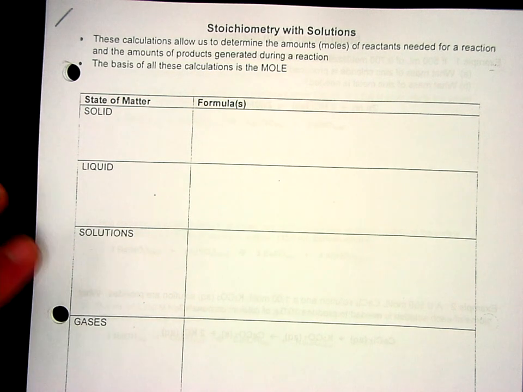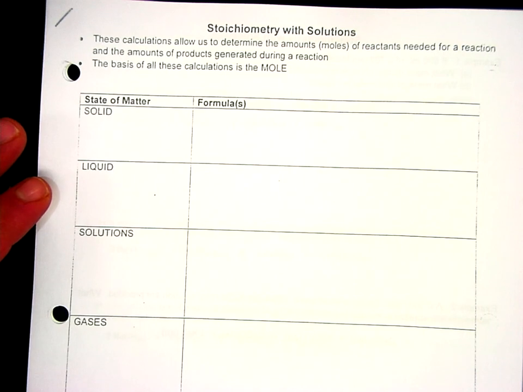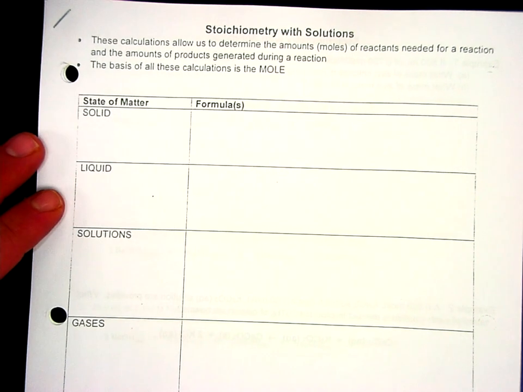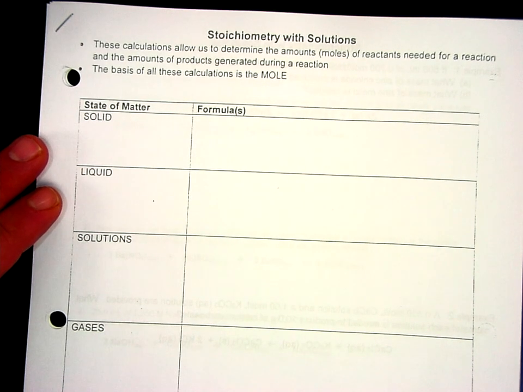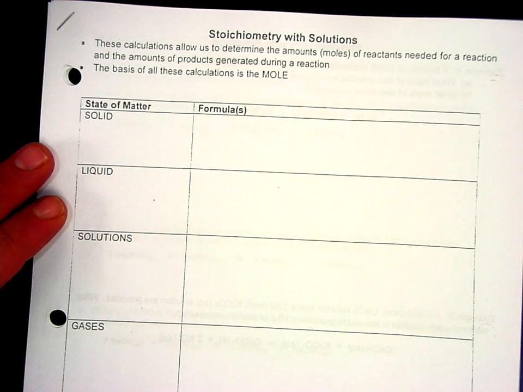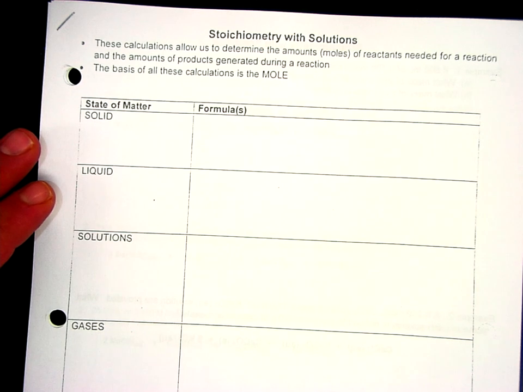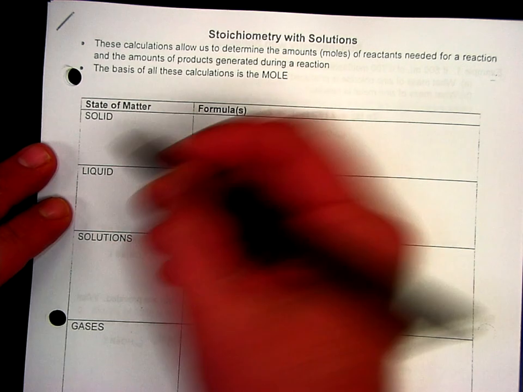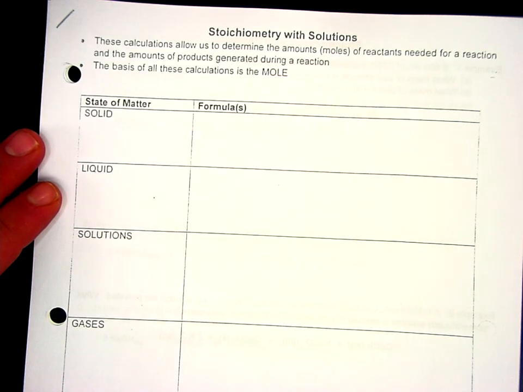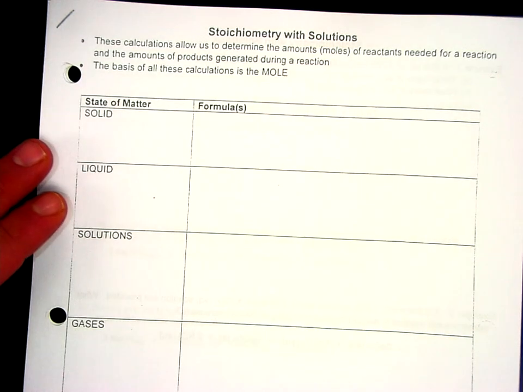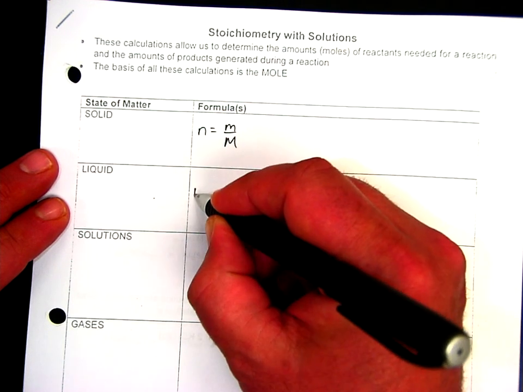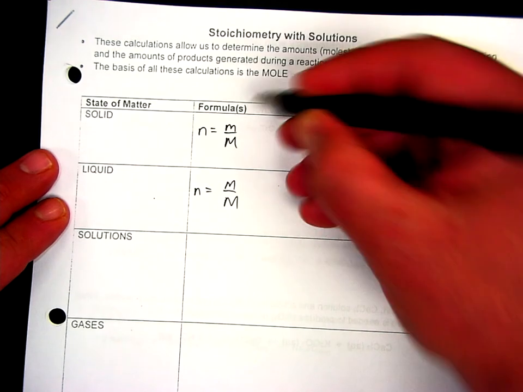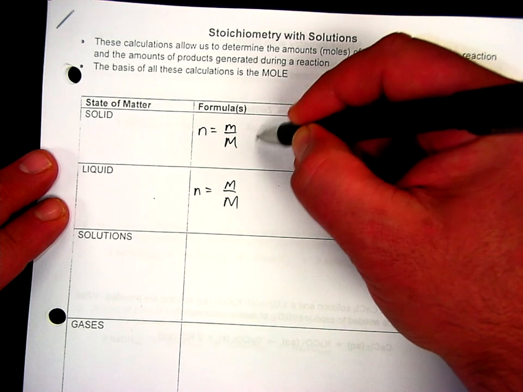In this video lesson, we are going to take a look at stoichiometry again, but this time specifically using some of the formulas that we've used with solutions. In the past, we looked at pure substances, where we took the masses of those pure substances, whether they were a solid, liquid, or maybe even a gas, and we converted the masses into moles using our formula, mass divided by molar mass, which required us to take the mass and divide by the molar mass.